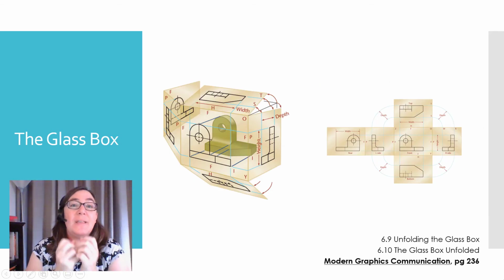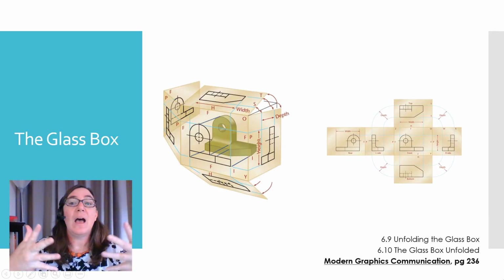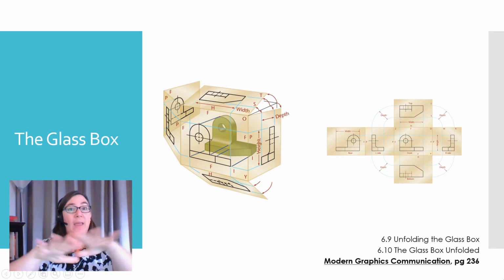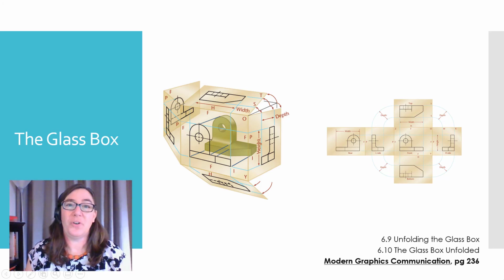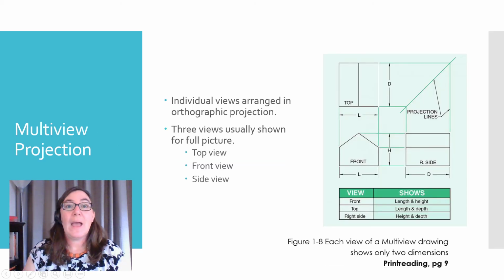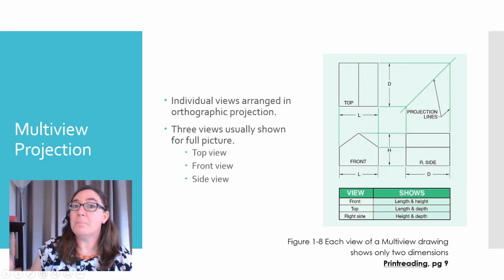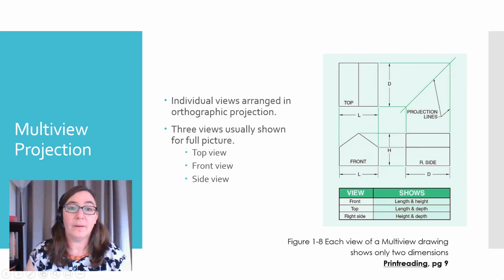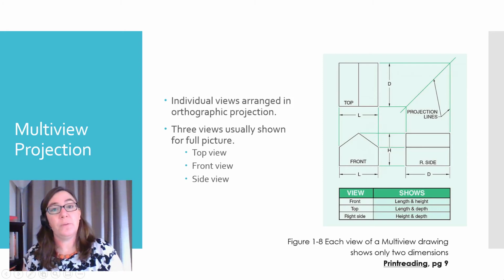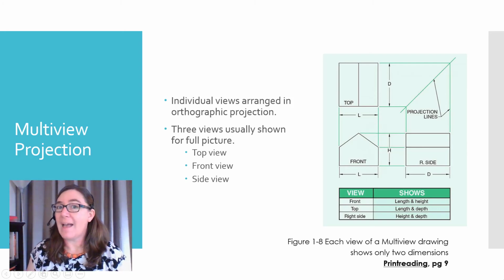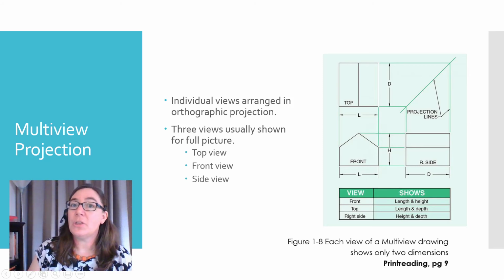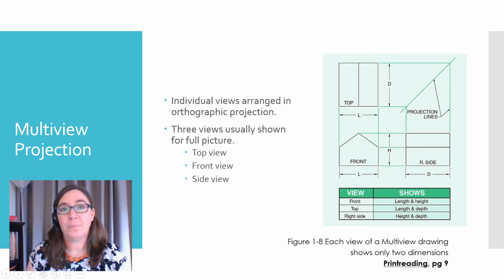Next, imagine taking your glass box and unfolding it, okay, until you have a sheet of drawings. And what we end up with are multi-view drawings. All right, these are individual views, individual orthographic views, and they're arranged in a multi-view format.